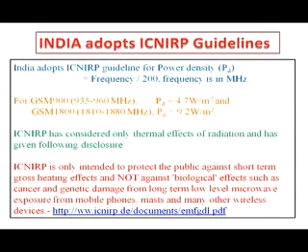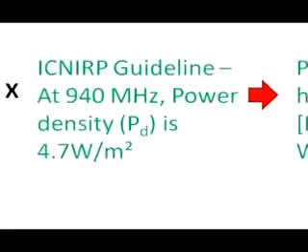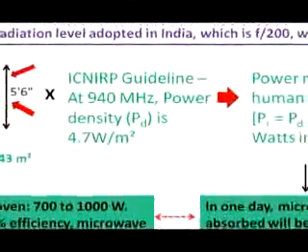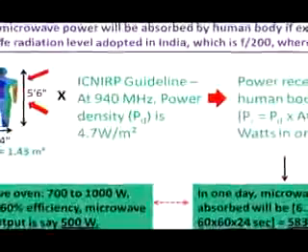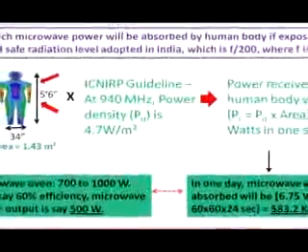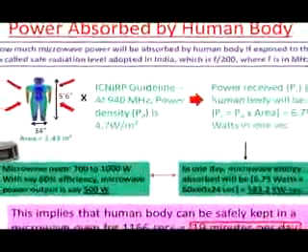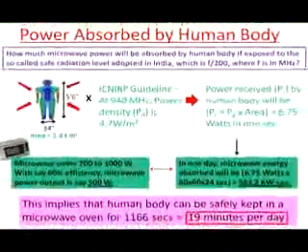Let's look at what this exposure really leads to. We all know this is the power density. I have taken it for 900, I have not even taken 1800, which is higher. So that is 4.7 watt per meter square. Power density multiplied by the area will be the power absorbed by the human body.